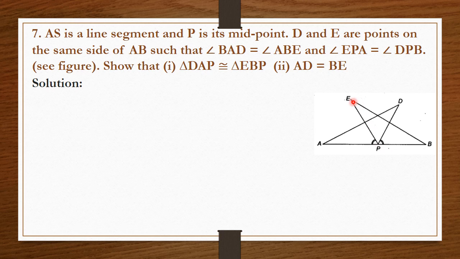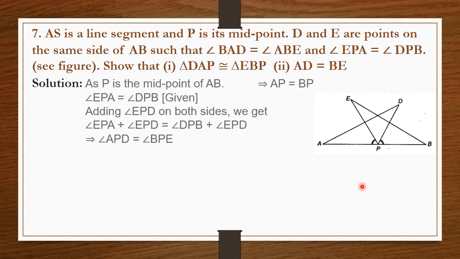We can see that EPD is a common angle between these two triangles, right? So we can actually take angle APD equal to angle BPE. Reason? These two are already equal, so this plus this is equal to this plus this. Let's write it down.